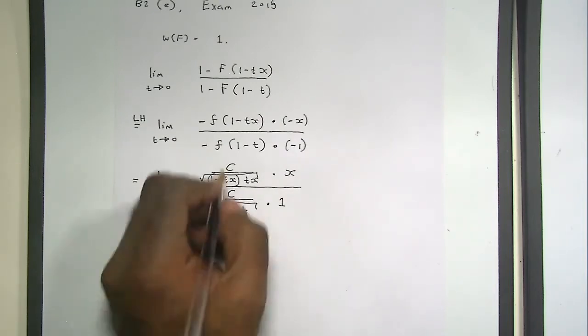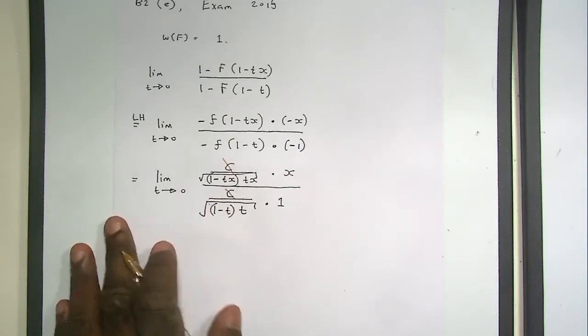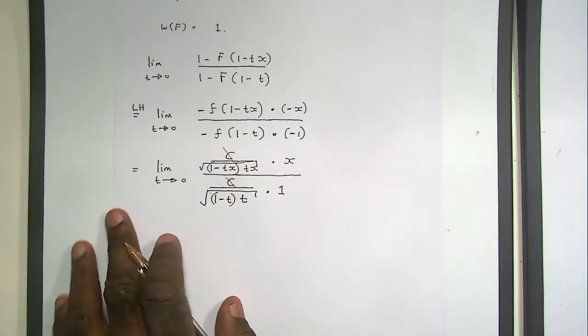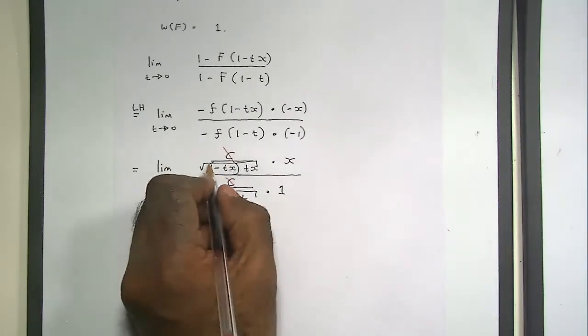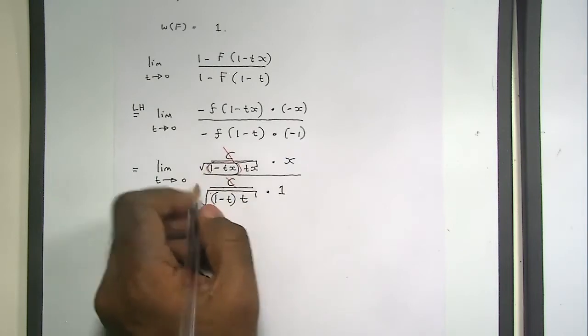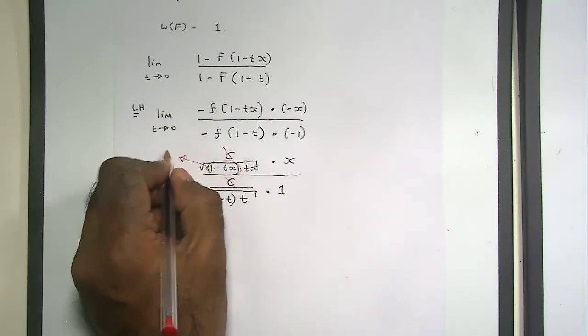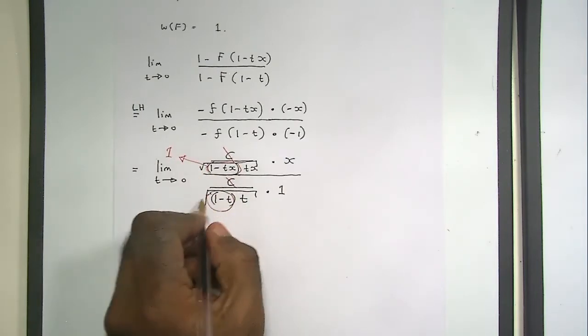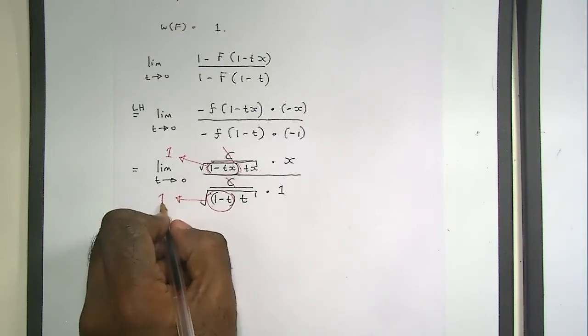Now a few things will cancel. C will cancel with c. As t approaches 0, this guy here approaches 1, and this guy here approaches 1.